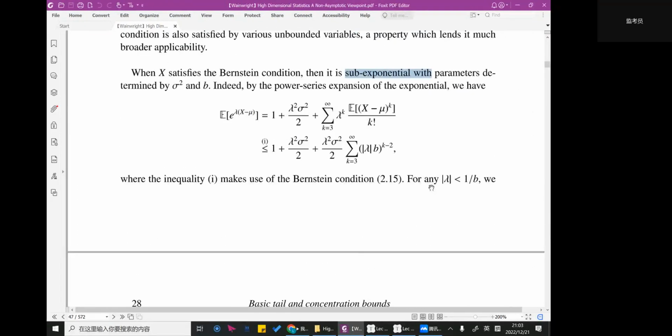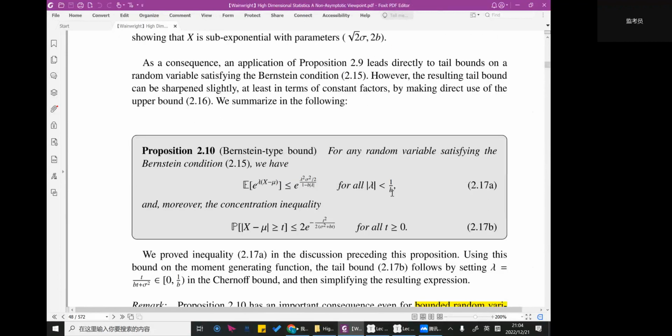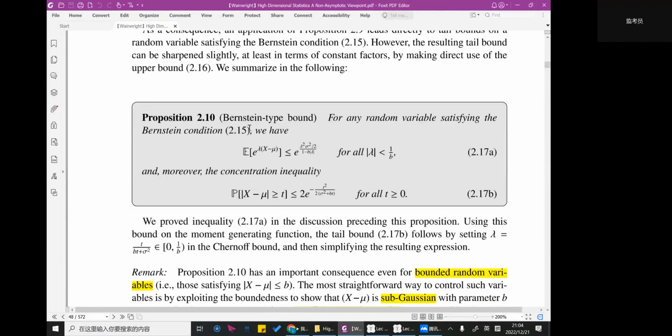I think you can figure out an example that is sub-exponential but does not satisfy the Bernstein condition, because this type of bound seems tighter than that of sub-exponential.